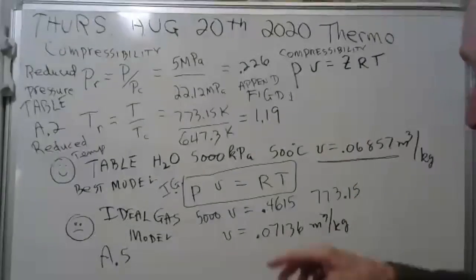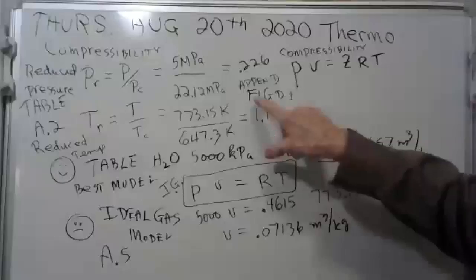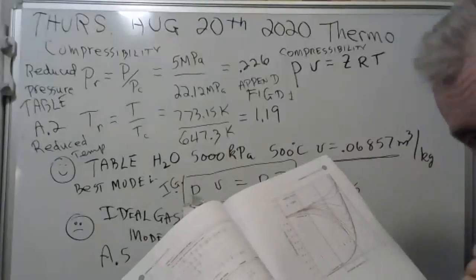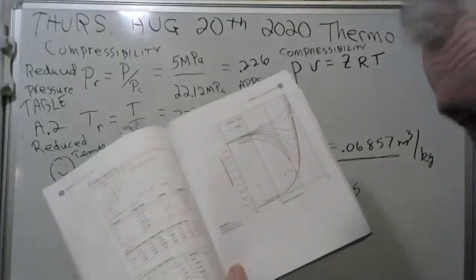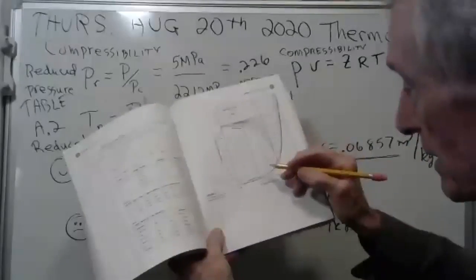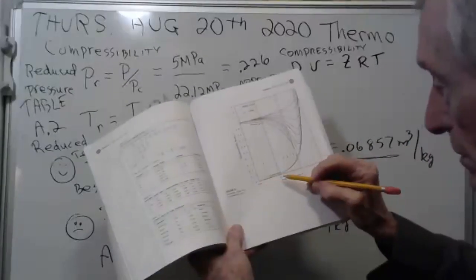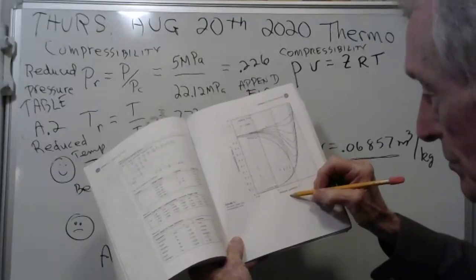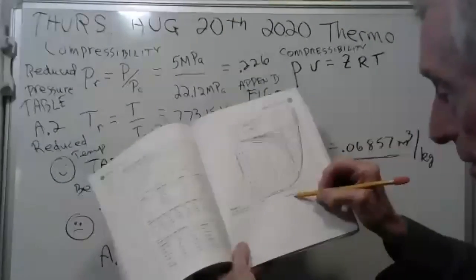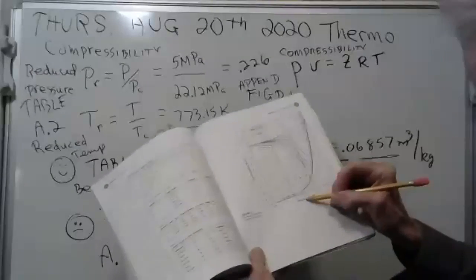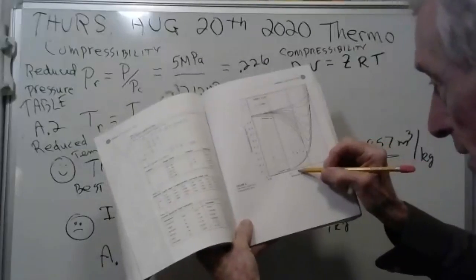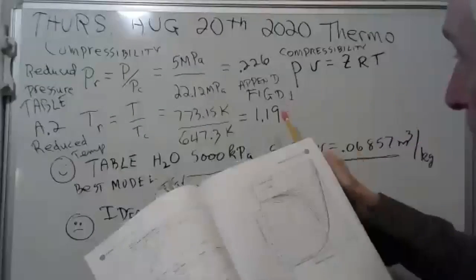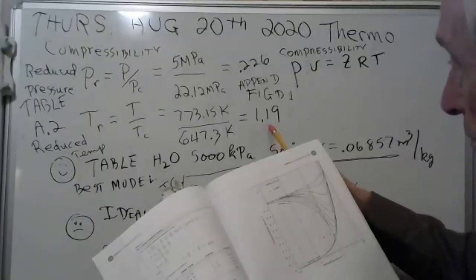What you have to do is go to 0.226. Well, it's really hard to show you guys on a computer, but we'll do the best we can. Now notice there's 0.01, 0.1, and 1. 0.2 is right here, so 0.226 would be right about in here. Then you come up to where it says a temperature of 1.19.